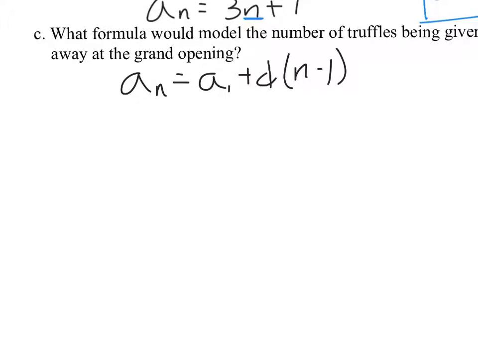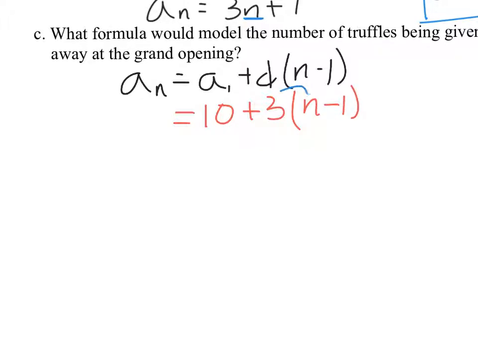And then we're going to put in A1 and D. We're going to substitute those in. So we have A1 was 10, and then D is 3, because the first person gets 10, and everybody after that gets 3, times n minus 1, because that's the rest of the formula.